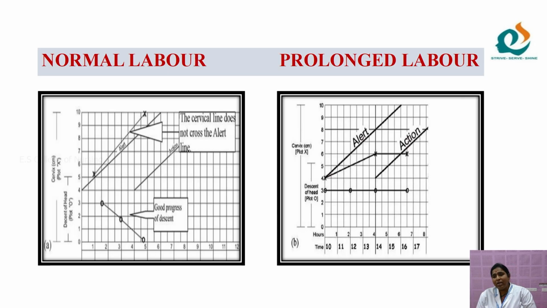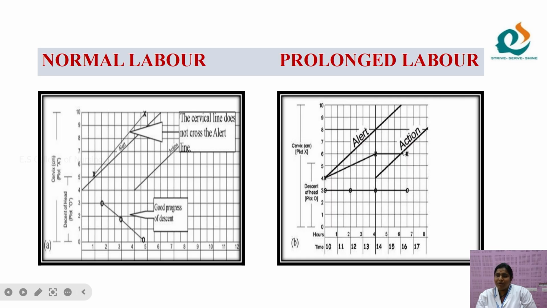You see the prolonged labor partograph, that is also started from 4 centimeter to full dilatation. That is, if the patient at 10 o'clock is admitted with 4 centimeter, and then 5 hours after also 6 centimeter, and 7 hours also 6 centimeter. The cervicograph has fallen to the zone 2, it is not progressing further, and it is not delivered normally. Again it falls on the action line.